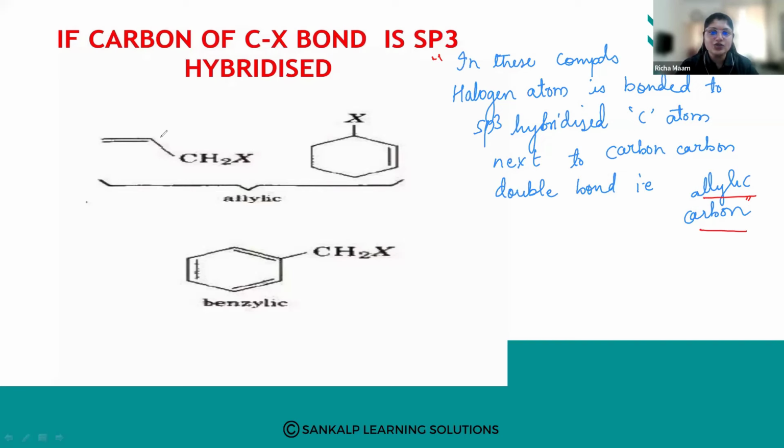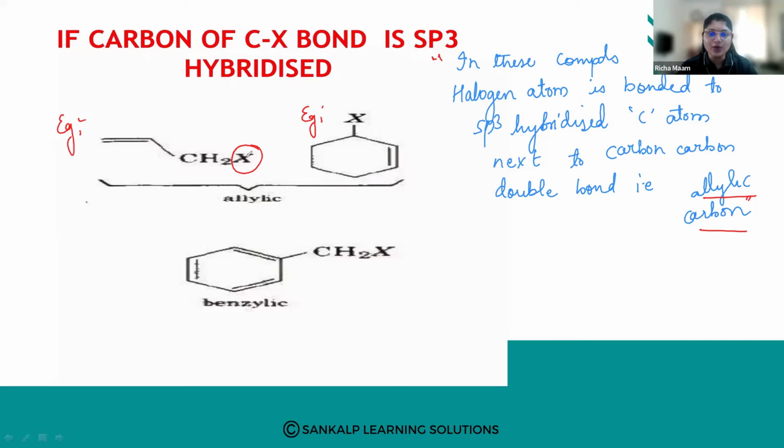So you can see what is happening with the halogen atom. These are the examples: this is an example of a haloarene, this is an example of a haloalkane, and this is an example of a haloarene. Now, allylic halides.